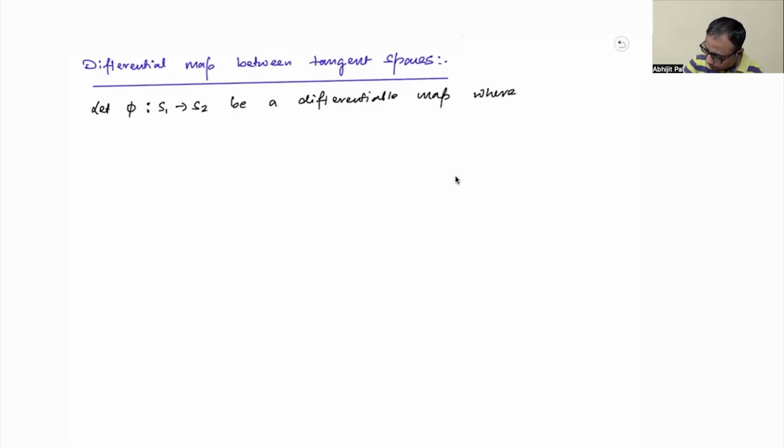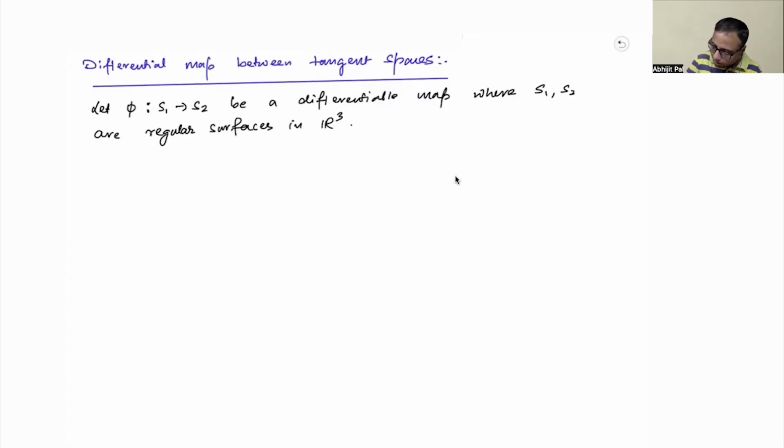So this S1, S2 are regular surfaces in R3.